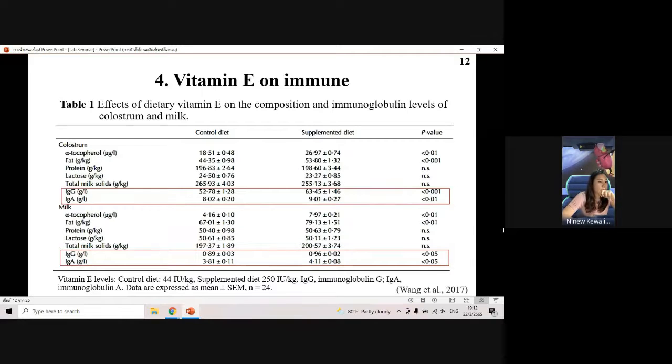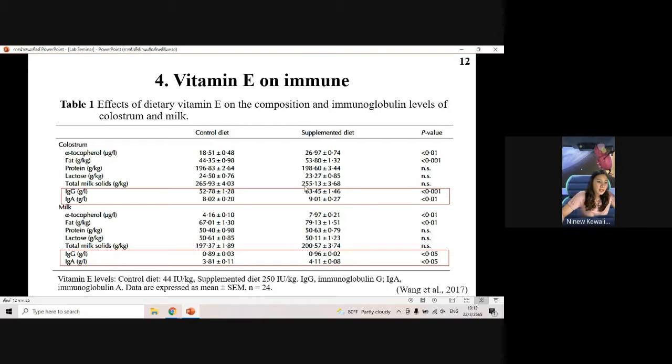This one shows the immunity in colostrum and milk. This table shows the effect of dietary vitamin E on the composition and immune level of colostrum and milk. In both colostrum and milk, the IgG and IgA in the vitamin E supplementation group are higher than in the control diet, which has only 44 IU, while the supplemented one has 250 IU per kilogram of diet.